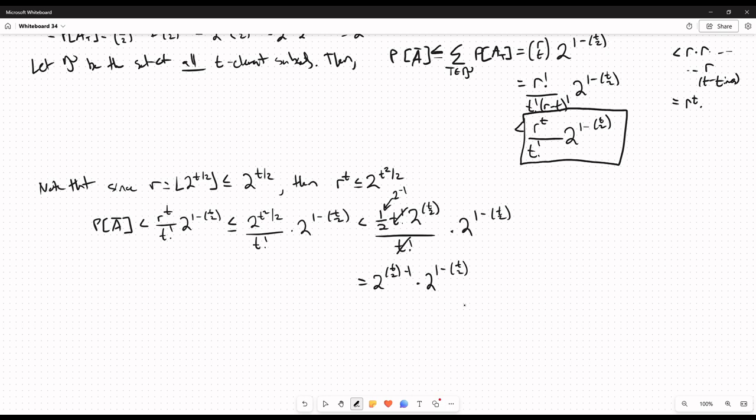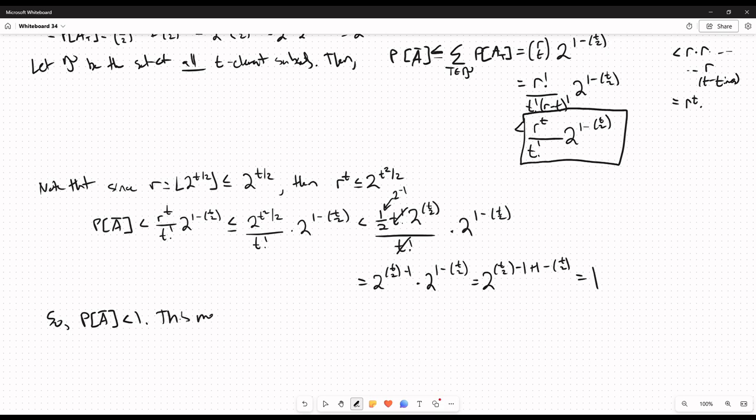And that's all going to cancel out to be 2 to the power of t choose 2 minus 1 plus 1 minus t choose 2, which equals 1. So all that says that P of A complement, the probability that there's at least one red or blue KT, is less than 1.